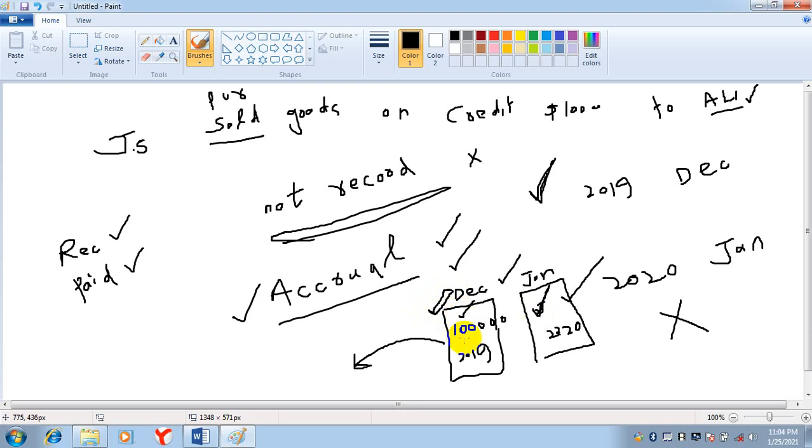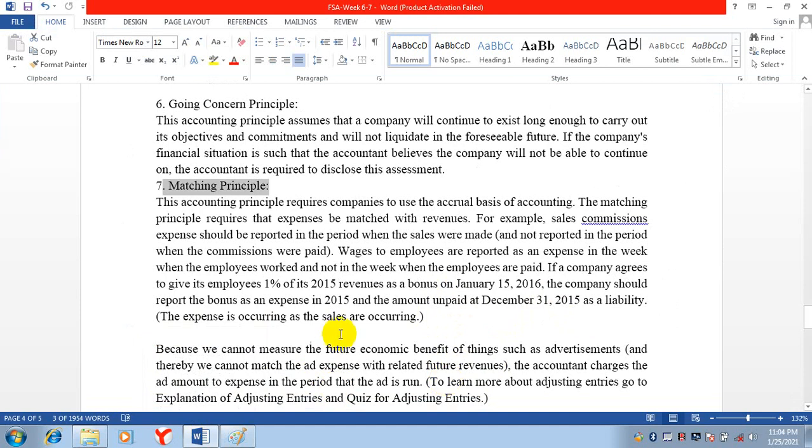Here the employees provided services in 2019, so we will record it in 2019. Payment is made in 2020, but we will not record it in 2020 because this is accrual basis of accounting.